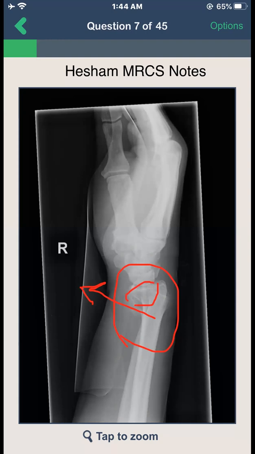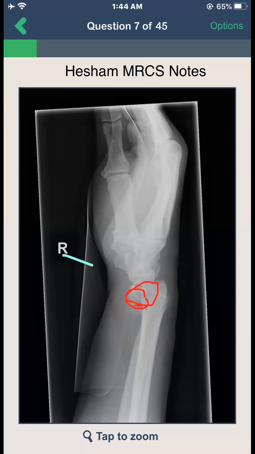This is the distal segment which is volar displaced, while the upper part here is still in place. This is an intra-articular fracture, not extra-articular. Volar Barton fracture. Yes, it will be volar Barton.